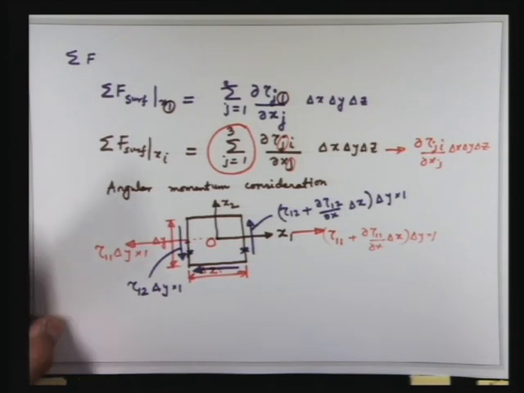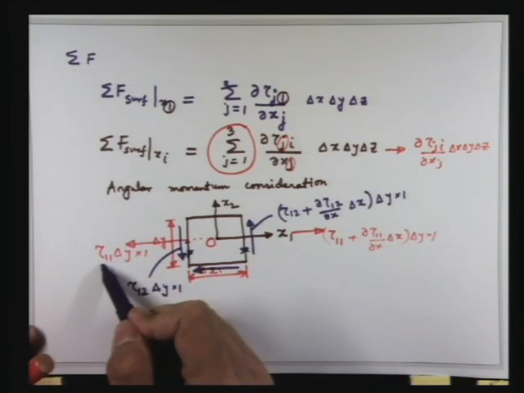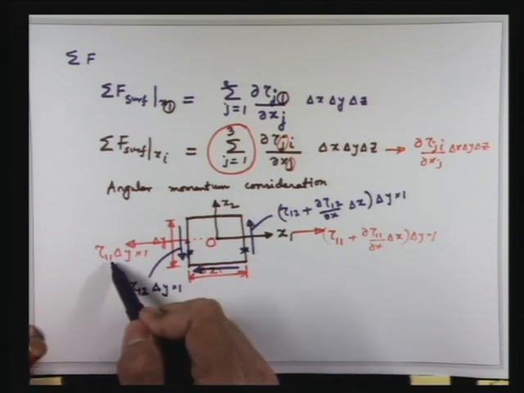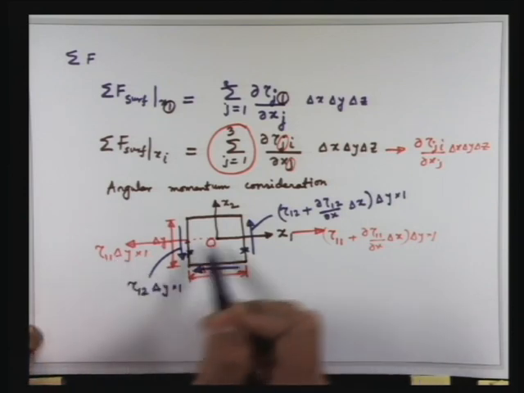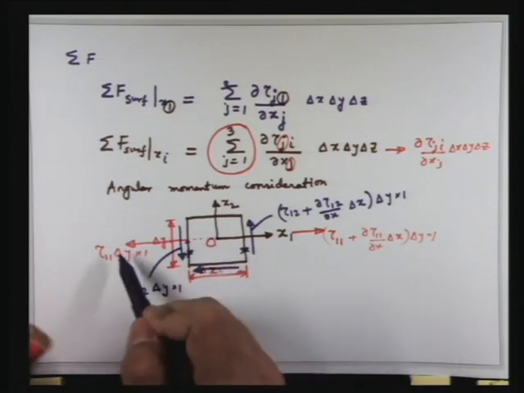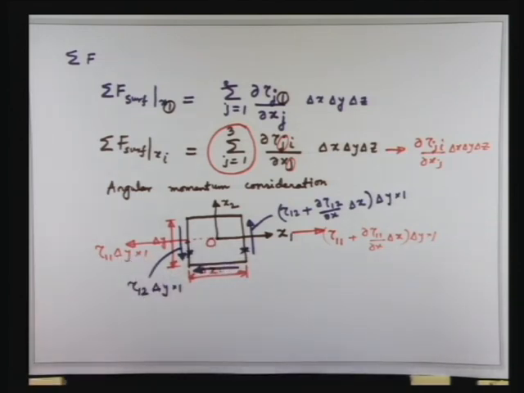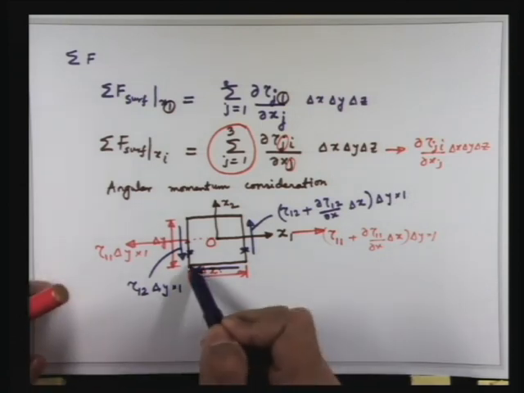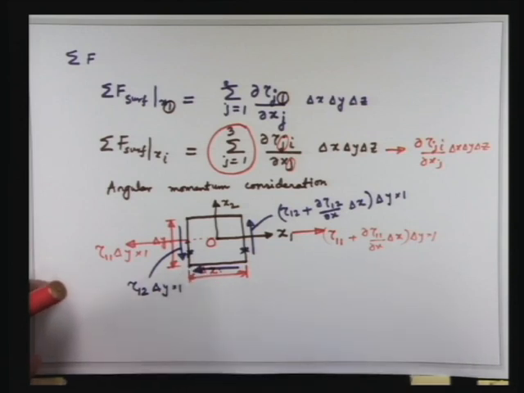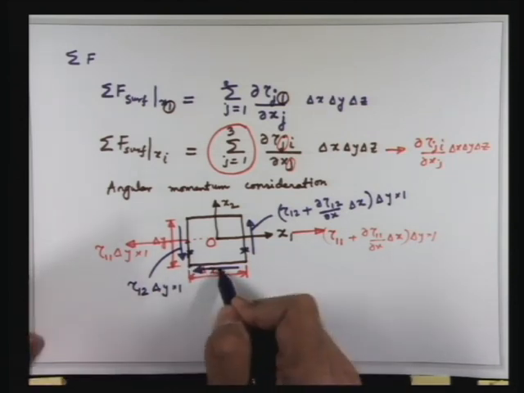Okay. So assume that this is tau 1 1 at x equal to minus delta x by 2. Okay, that's all. Of course you cannot choose the origin here. So then let us proceed with this.